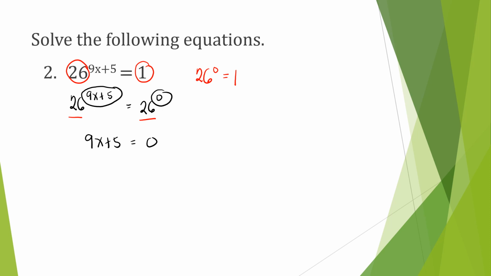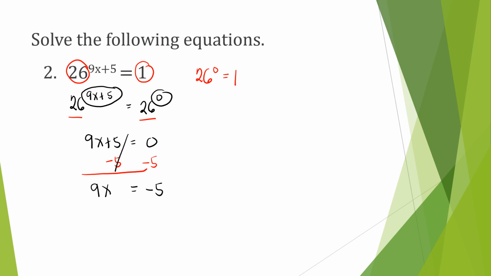Next, let us solve for x. Let us add negative 5 to both sides of the equation. So we have 9x is equal to negative 5.